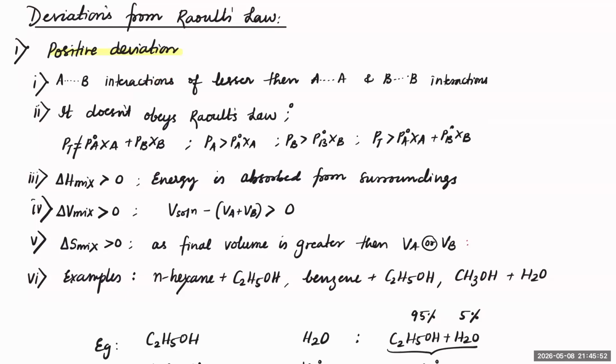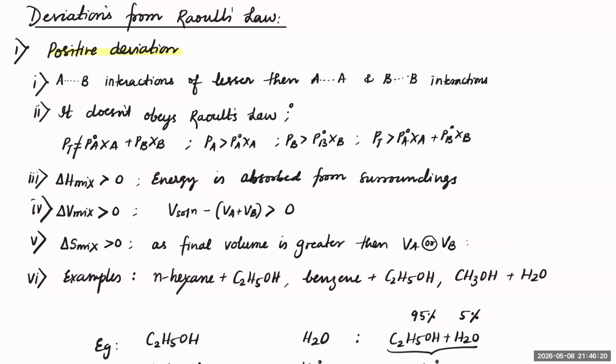Second, it does not obey Raoult's law. That is, P total is not equal to P naught A XA plus P naught B XB. Because the interactions are weaker, the pressure of A and pressure of B, which we expect to be equal to P naught A XA, should now be more because it is more easily volatile.